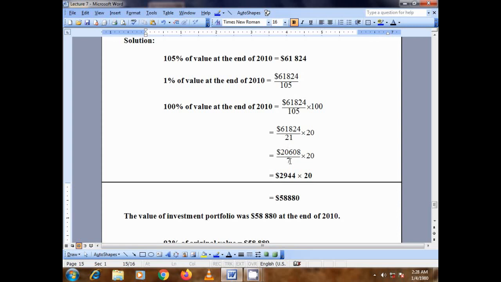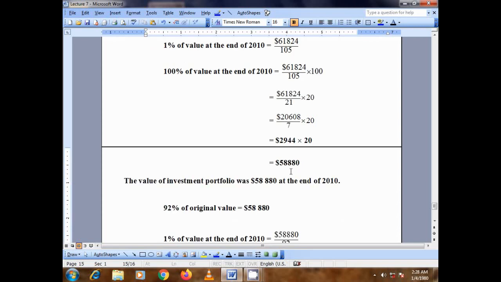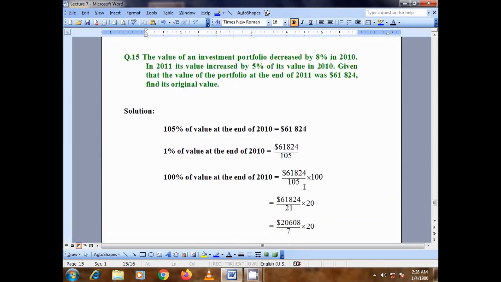We will have 20,608 divided by 7, because 3 times 7 is 21. And then we know that the numerator 20,608 is a multiple of 7. If you divide this numerator by the denominator 7, you will have the quotient 2,944 multiplied by 20 as it is. If we take the product of these two numbers, we will have 58,880, which is the value of the investment portfolio at the end of 2010.